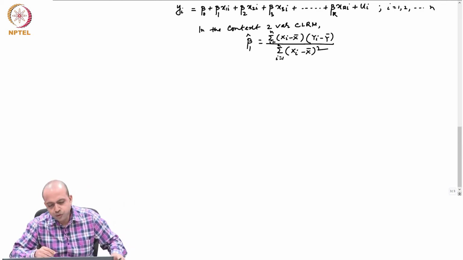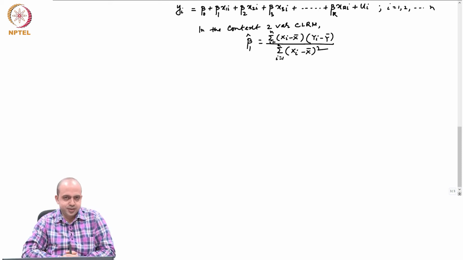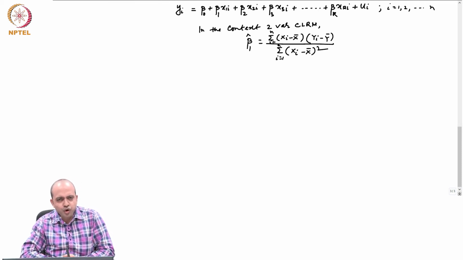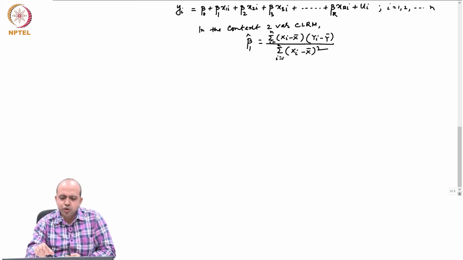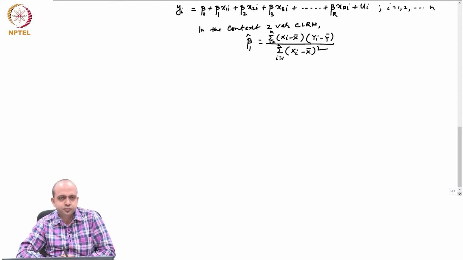Now, if we want to estimate so many beta hats, then what we need to do? We need to apply this formula for all these k number of variables, which is a very time consuming process. You can understand, if we have 10 or 15 explanatory variables and you need to compute beta 1 hat, beta 2 hat, beta 3 hat, then you have to apply this formula so many times.